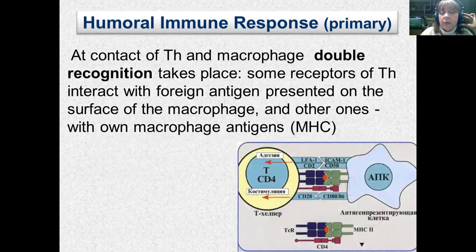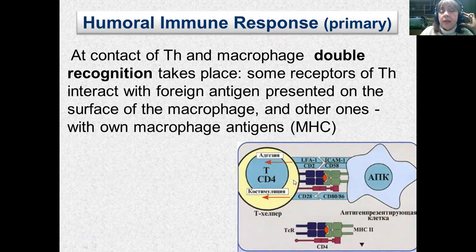During contact between T helpers and macrophages, T helpers have the CD4 receptors, and macrophages are also named antigen presenting cells. You see the phenomenon of double recognition, very important in immunology. At the surface of the macrophage, there is a foreign antigen processed inside and own antigens, major histocompatibility complex antigens.